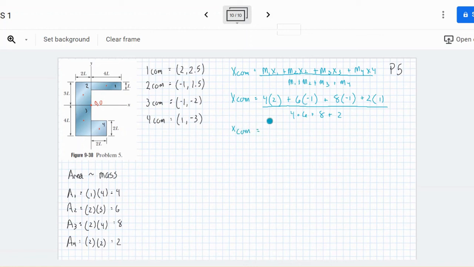Put this in my handy dandy calculator. On top we have 8 plus -6 plus -8 plus 2.